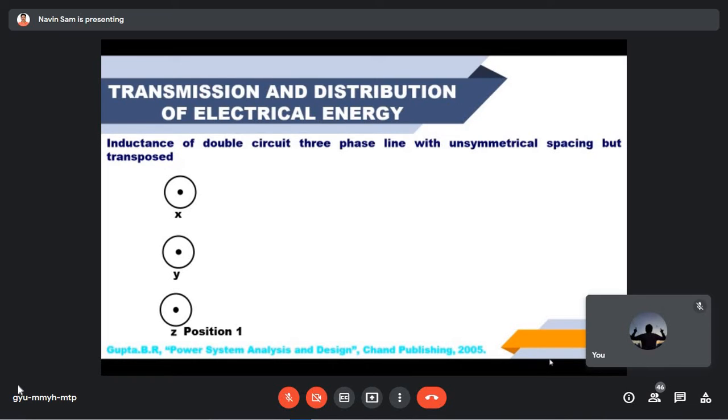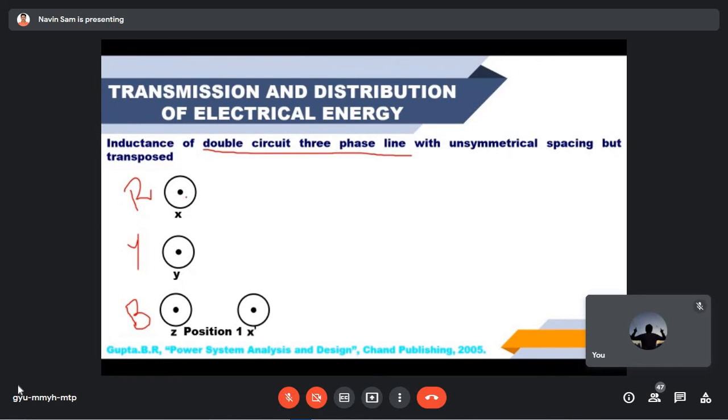Now, if you look at this, only one conductor I have represented. This can be for R phase, this for Y phase, and this for B phase. Whatever the title specifies, it is a double circuit three-phase transmission line. Double circuit means each phase is going to have two conductors. So the first conductor arrangement alone we have included.